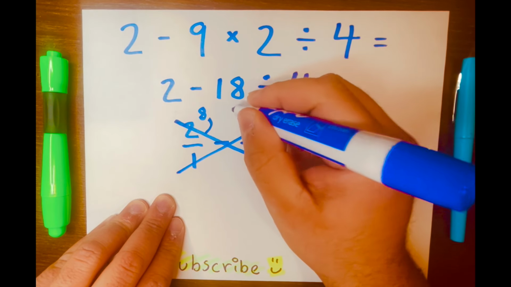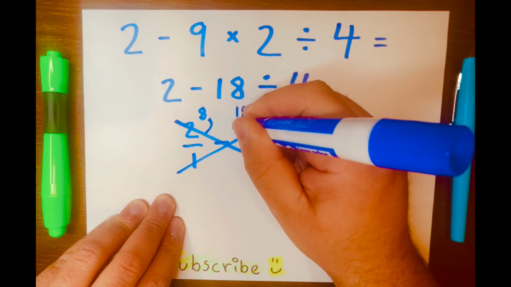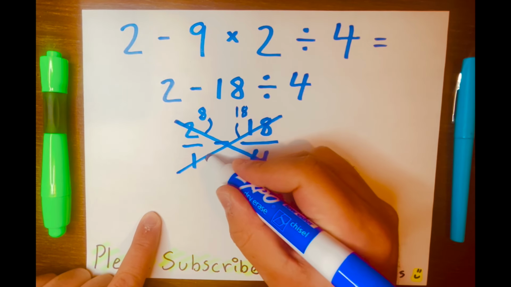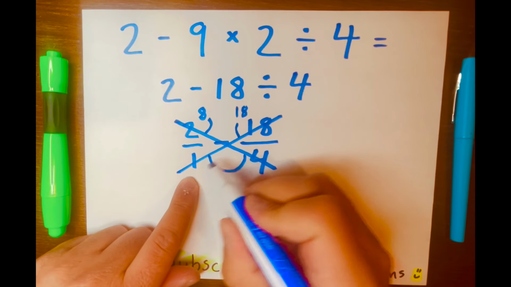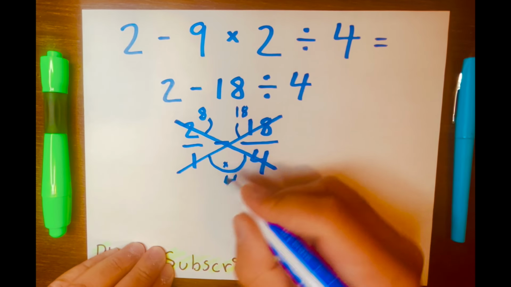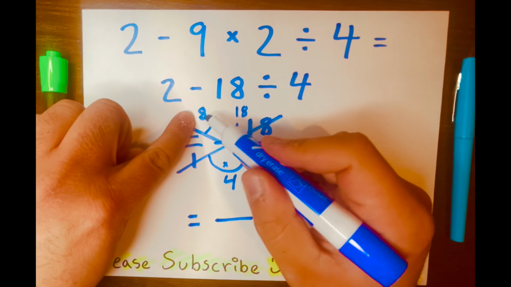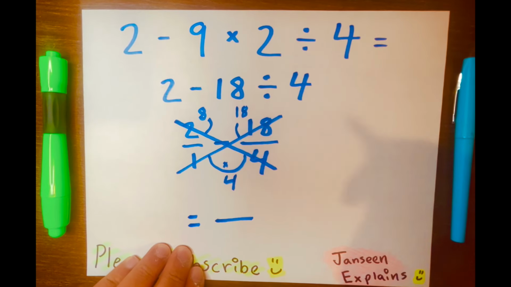So I'll write the 18 here, and then draw the other antenna. Next, draw the body. So this is the body of the butterfly, and multiply 1 times 4, that equals 4. And now we just subtract 8 minus 18, which equals what?